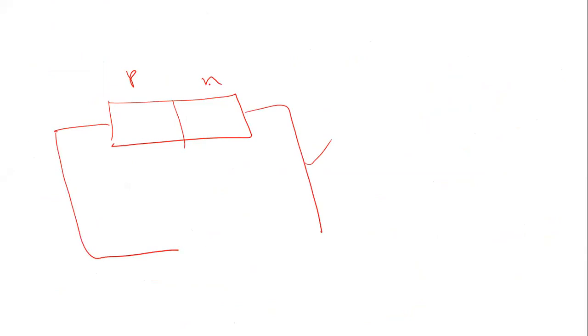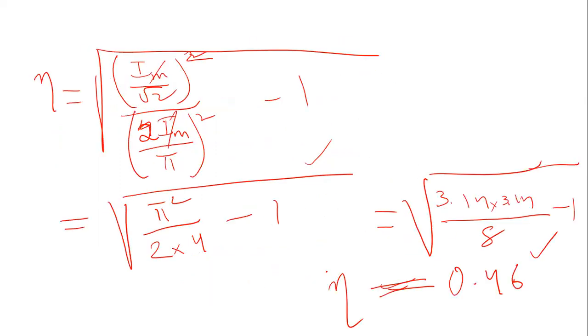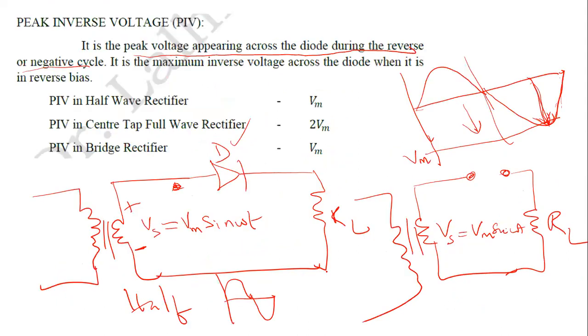Now, if you connect this diode to, let's say, a DC signal like this, this is under reverse biasing.